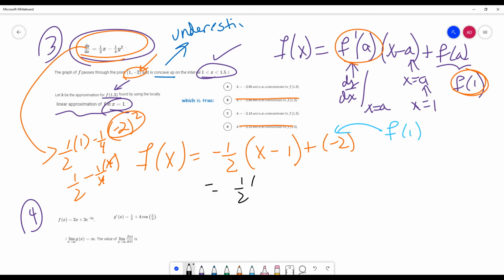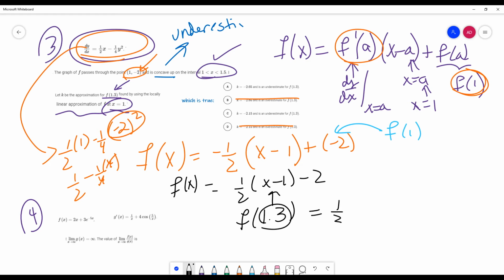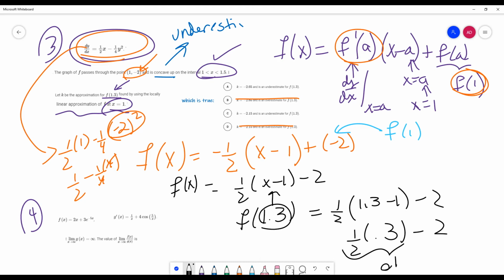So here we go. We have -1/2 times x minus 1, minus 2. Now, we have to figure out what f of 1.3 is. So we're going to take 1.3 and plug it in and do a little work. That's nothing but a heartbeat. 1.3 minus 1 minus 2, 1/2, 0.3 minus 2. And then this ends up being 0.15.